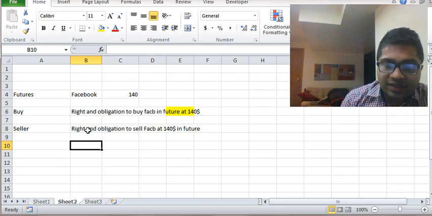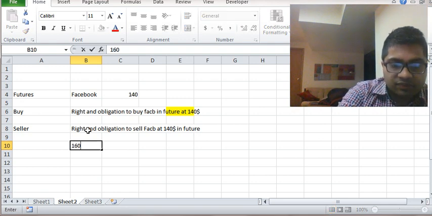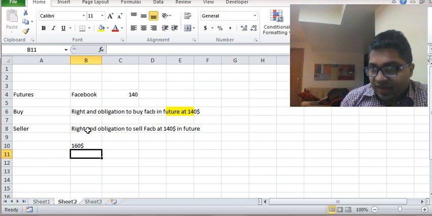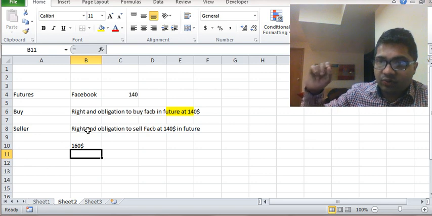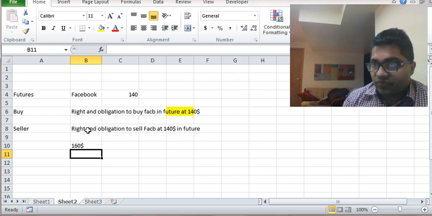Now imagine Facebook going to $160. What would happen? Who will benefit, buyer or seller? So in future, let's say after 1 month, Facebook is trading at $160. Who will benefit? The buyer will benefit. Why? Everyone else is buying Facebook at $160, but the buyer can buy this Facebook stock due to this contract at $140.